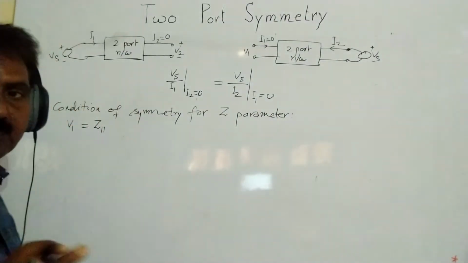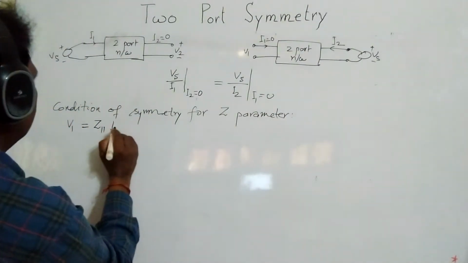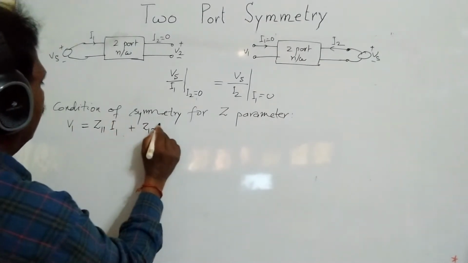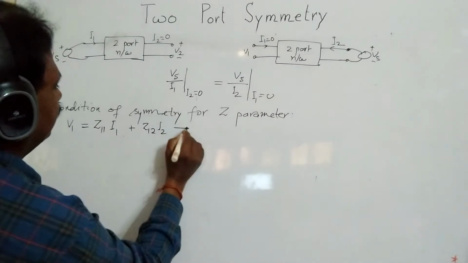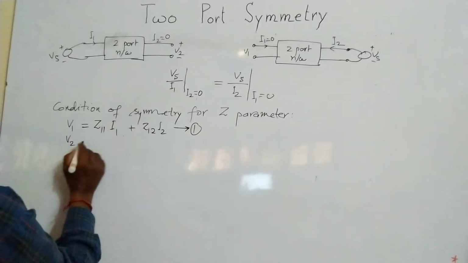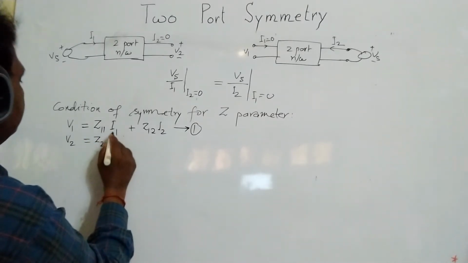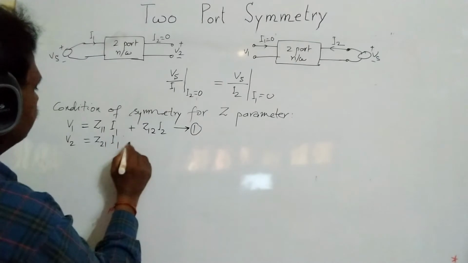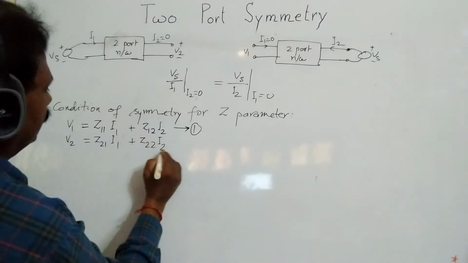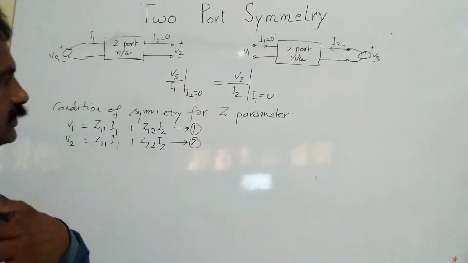Then we had obtained there V1 equal to Z11 into I1 plus Z12 I2, and we have taken this as a standard equation, and V2 is equal to Z21 I1 plus Z22 I2. These were the two standard equations.